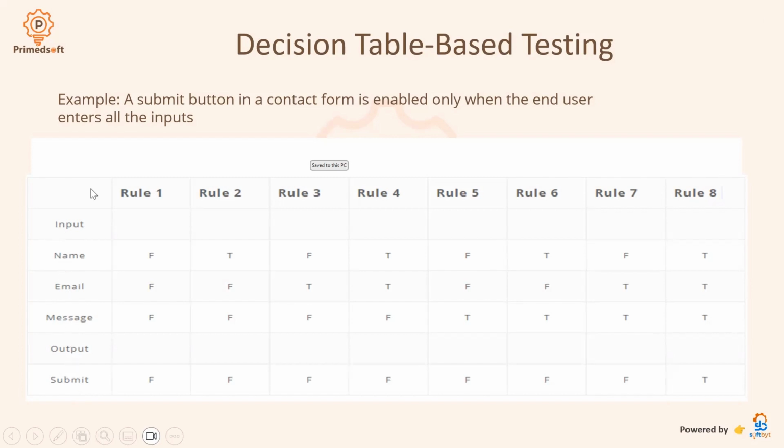So if you haven't filled any of the fields, let's say the form has name, email, message, right, and submit, right? So if you haven't filled any of them, the submit button will be grayed out, right? So now you as a tester, how do you test it using this decision table-based technique? How do you test it?